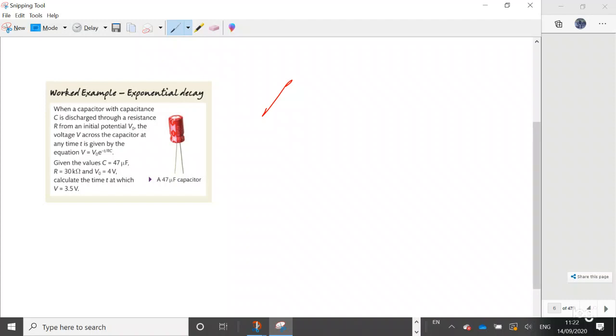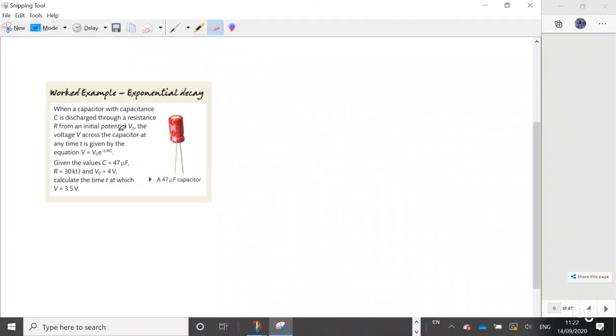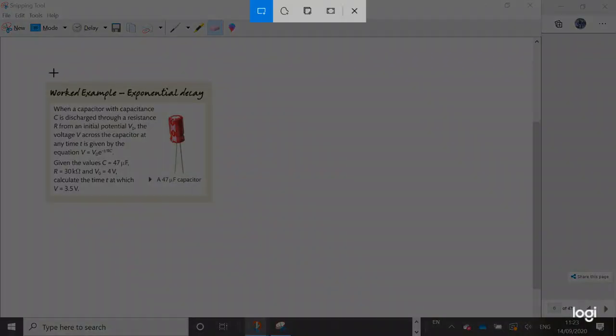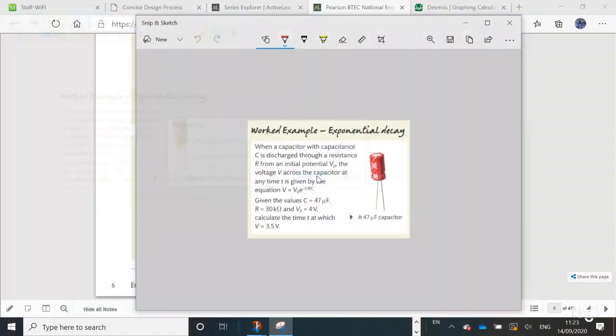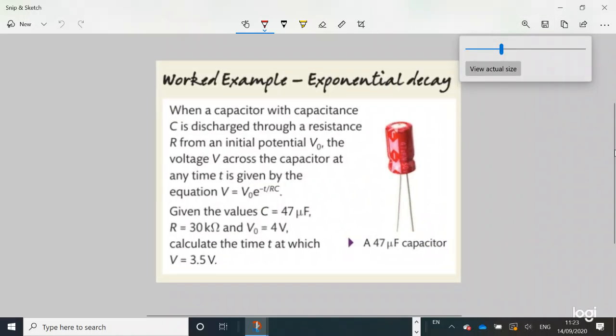Zoom in. Okay, there we are. How do you find t?